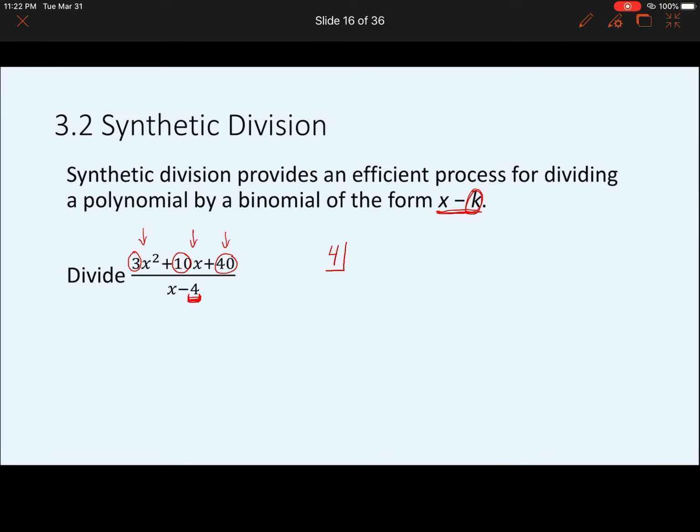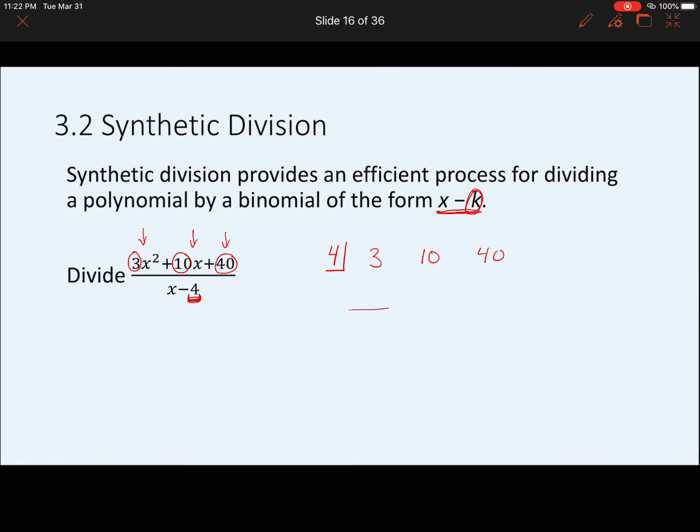Now, we do want to make sure that every term is represented. So when I say every term, what we mean is starting with the highest exponent and working your way down. So you'll notice here we have x squared, and then we have x, and then we have our constant. So we start with the power of 2, then power of 1, and then constant.